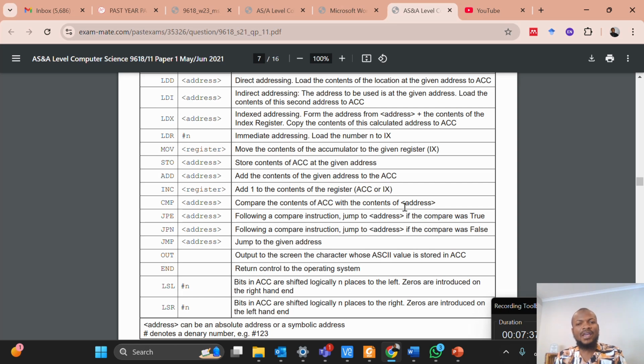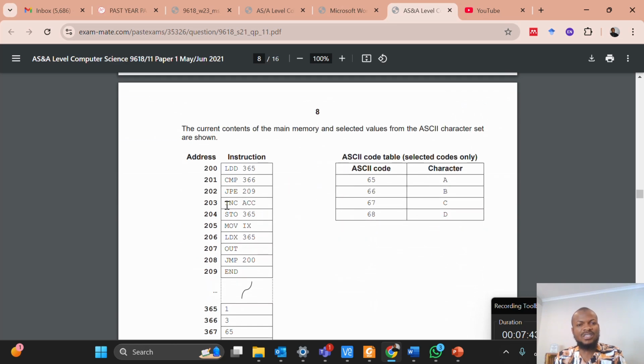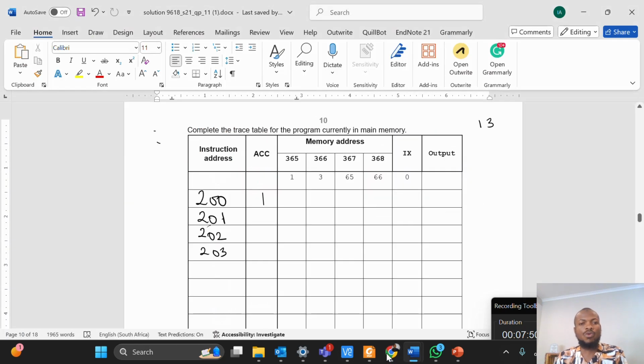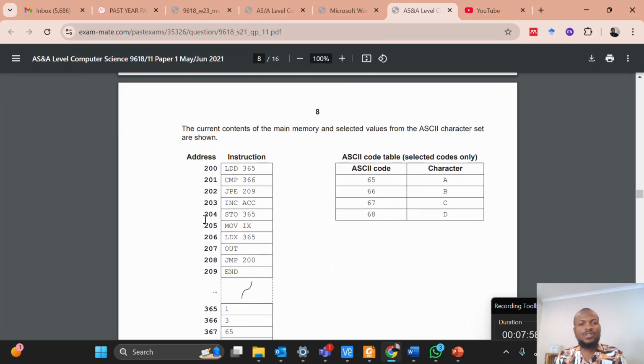If it is INC IX, it means add 1 to the content of IX. So what is the content of the accumulator? The content of accumulator is 1. So adding 1, it becomes 2. I hope this is understood. It becomes 2. Then 204.